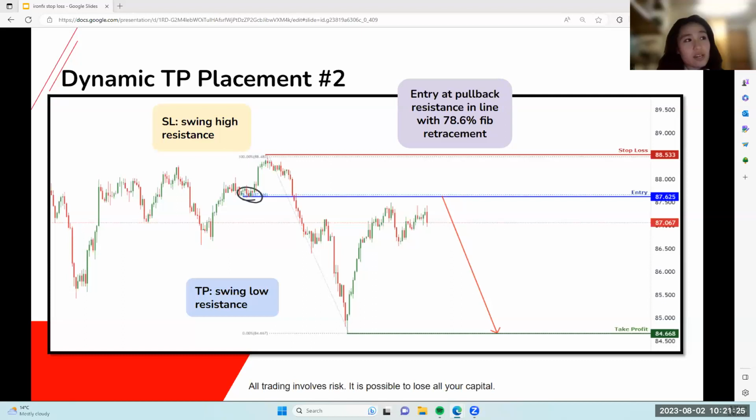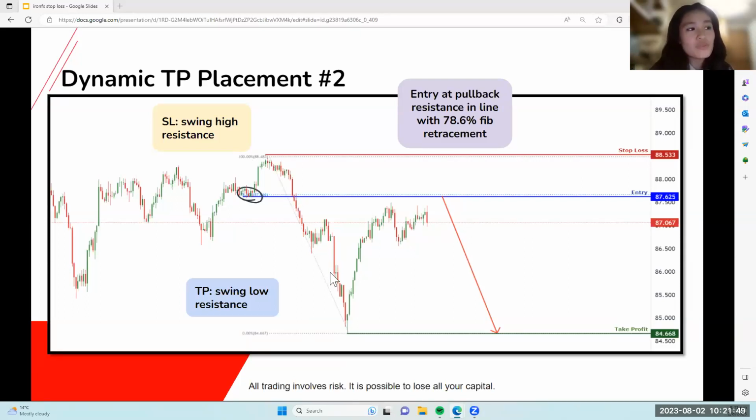In this case, we have another take profit placement example. Here we're expecting price to bounce off of our entry at the 87.625 level at the pullback. This is what we call a pullback resistance, because we have a swing low here and price has passed this area.